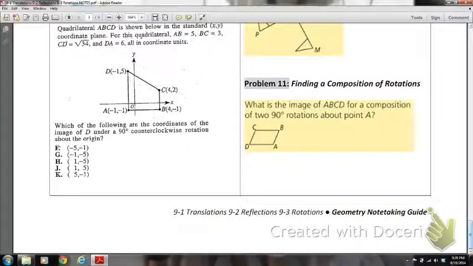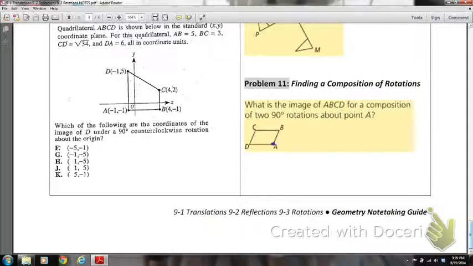The last problem is problem 11, and it's finding a composition of rotations. So you have a rotation followed by another rotation in this problem. It says, what is the image of quadrilateral ABCD for a composition of two 90-degree rotations about point A. Point A is your center of rotation.